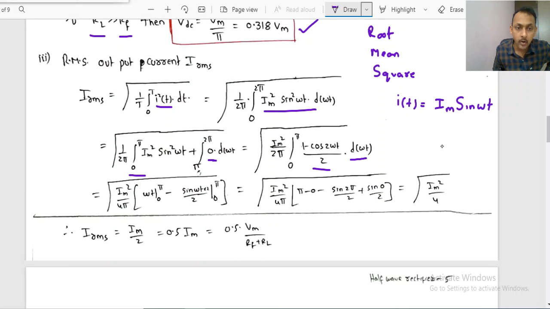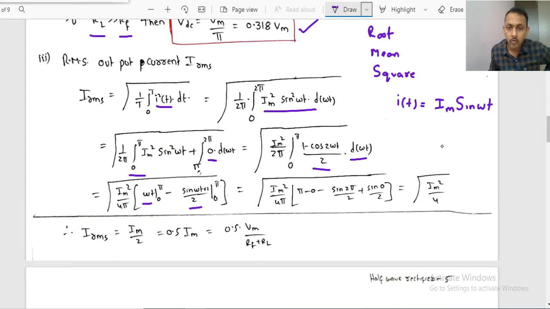Now this 2 is taken outside: Im squared by 4π times the integral of 1 with respect to ωt, which is simply ωt within the limits 0 to π, minus the integral of cos 2ωt, which is sin 2ωt by 2, with limits 0 to π.